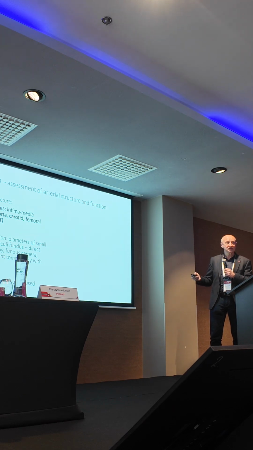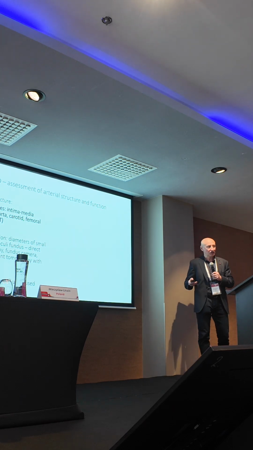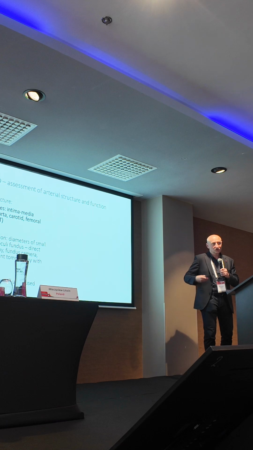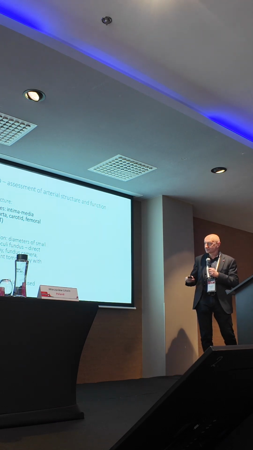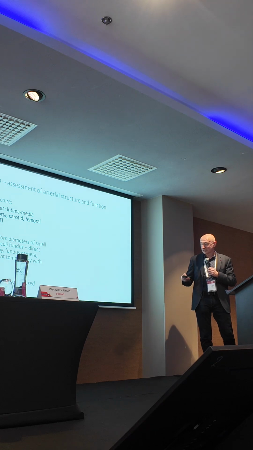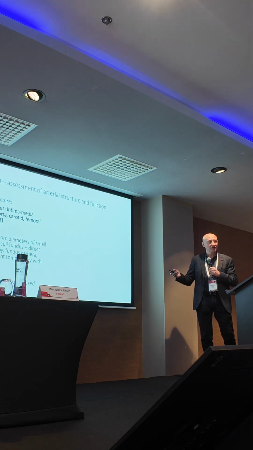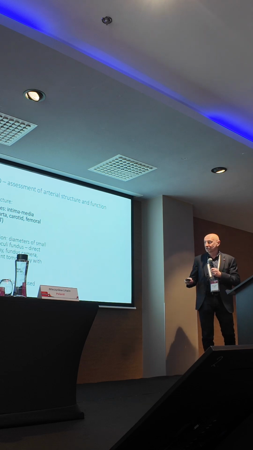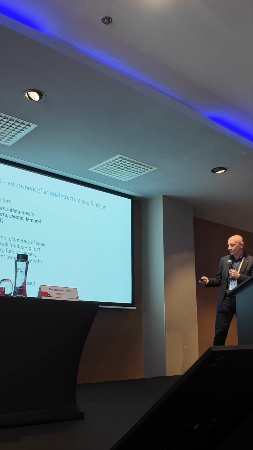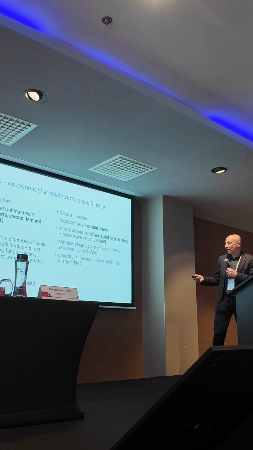Sometimes in femoral arteries. It is important when we have a child with aortic coarctation. So due to the lower blood flow and lower pulsatile flow in the legs, we can expect that IMT in femoral arteries and especially in superficial femoral artery will be lower than expected.